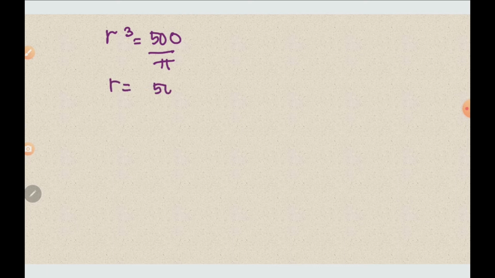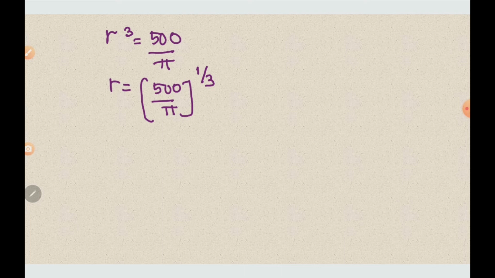Next page, you will get r cubed is equal to 500 over pi. Therefore, r is equal to 500 over pi, to the power of 1 over 3.